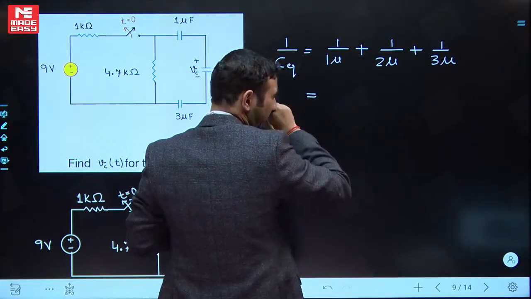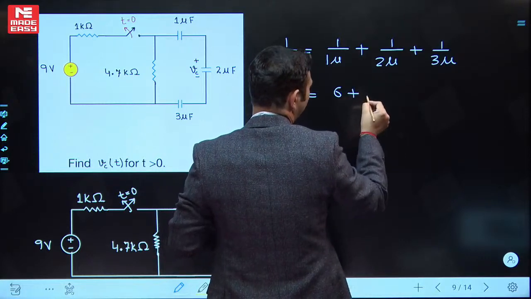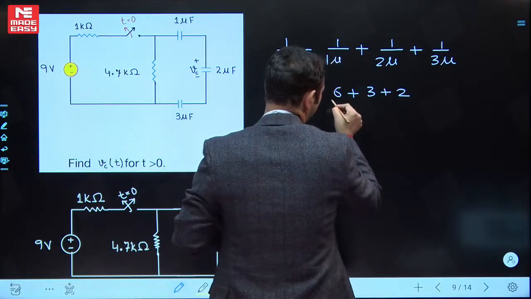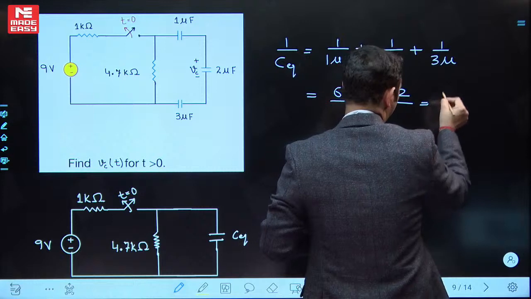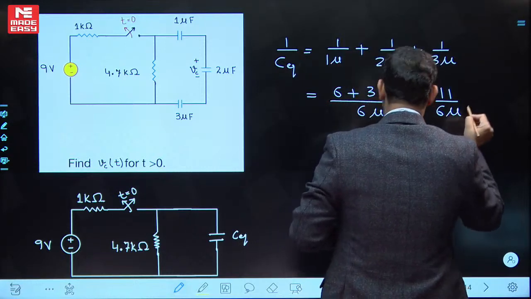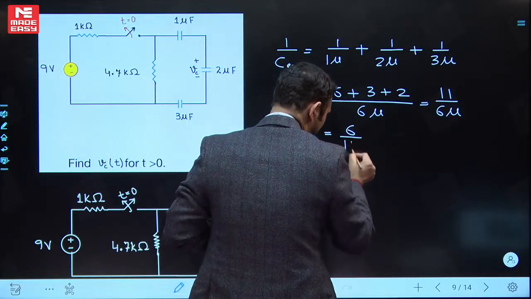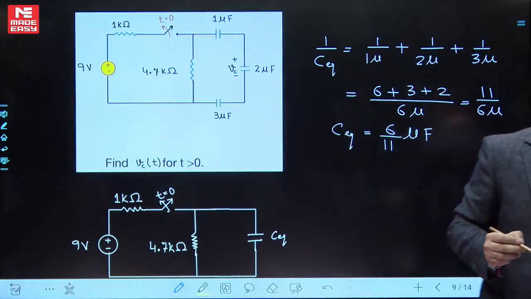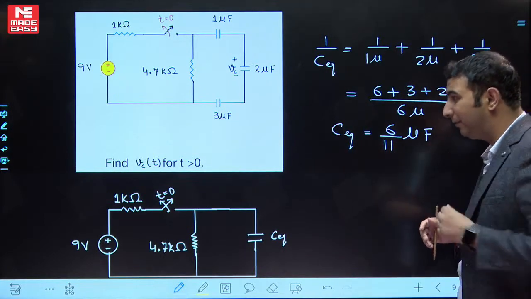This will be equal to, taking 6 micro as the LCM, 6 plus 3 plus 2 divided by 6 micro. So 6, 3, 9, 10, 11 by 6 micro, or you can see the equivalent capacitance is coming as 6 by 11 microfarad. So this is the equivalent capacitance that we have calculated from here.